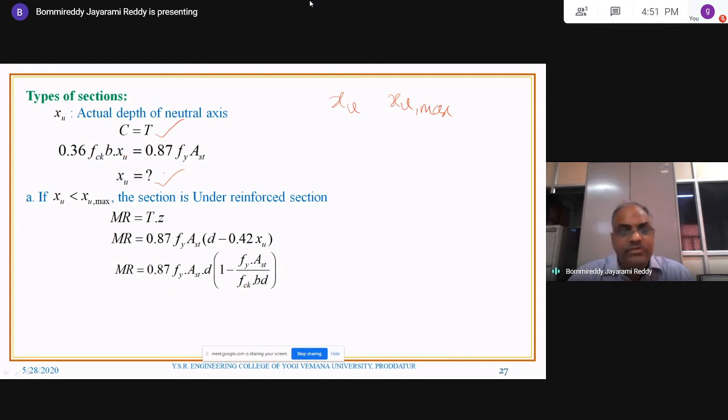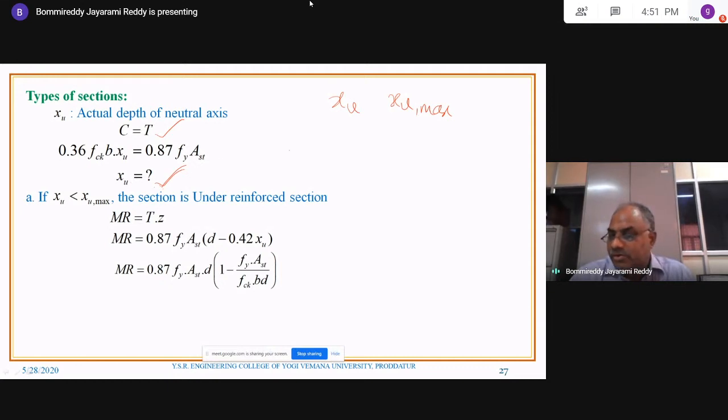You can find out the XU value. This is the prime step, and in the examination some data may be given and the question may ask for the depth of the neutral axis. So simply by equating C and T, you will get the actual depth of the neutral axis.